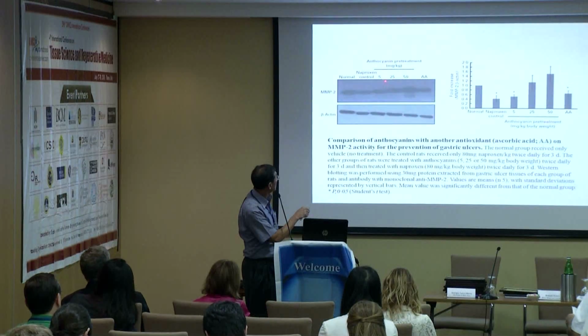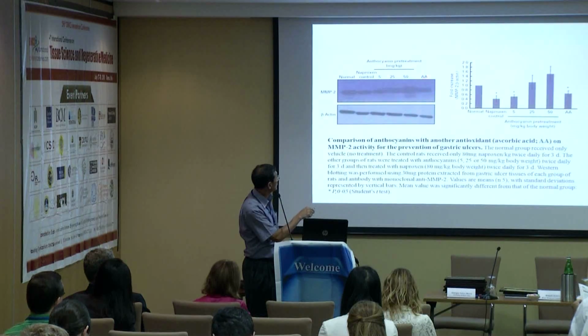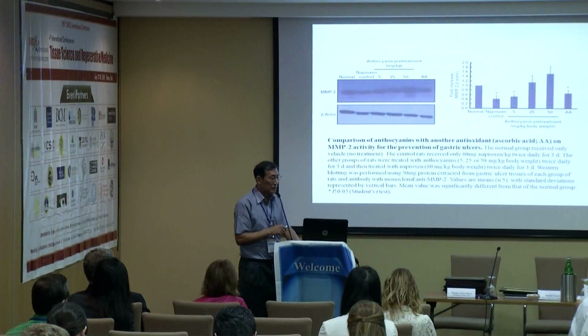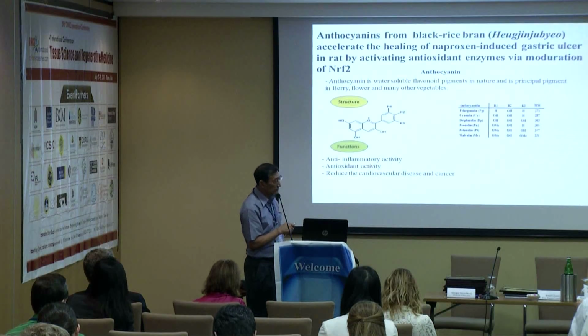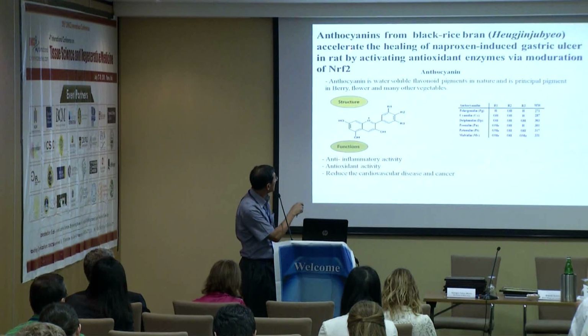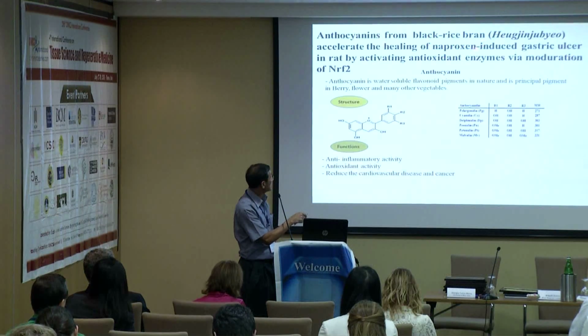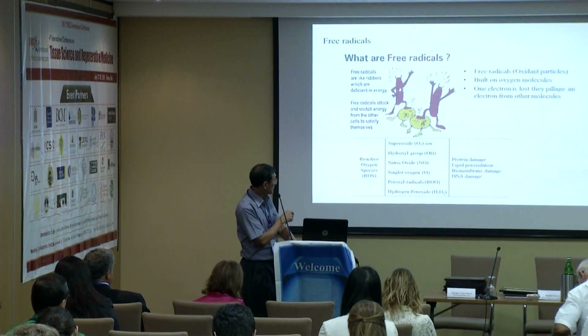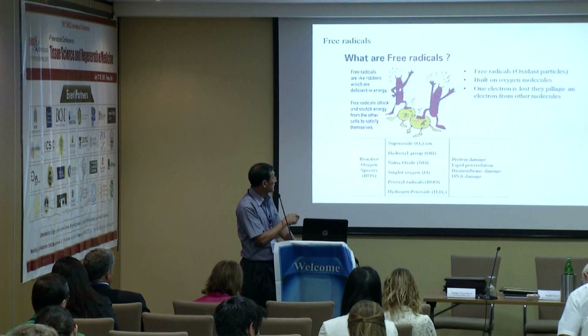At 50, compared to ascorbic acid, there is a similar effect. And next is another anthocyanin source from the black rice bran. This is another anthocyanin.